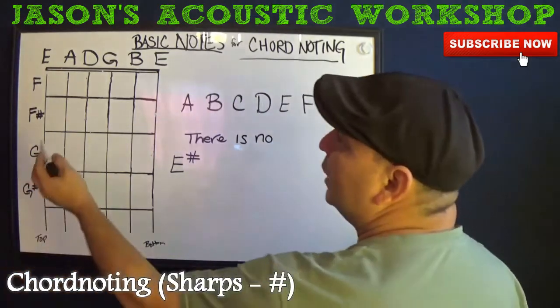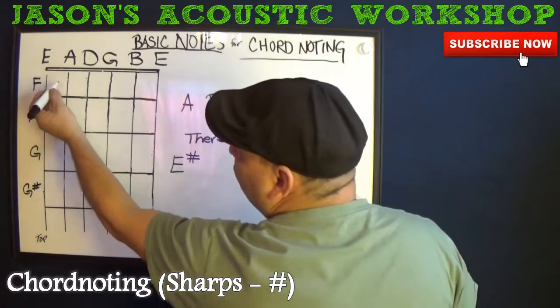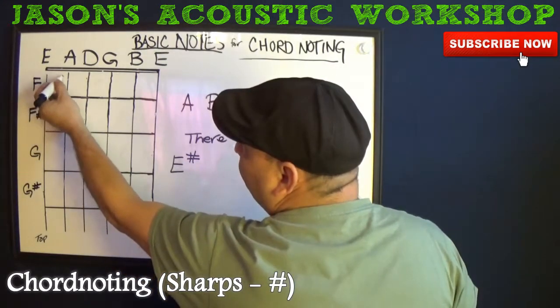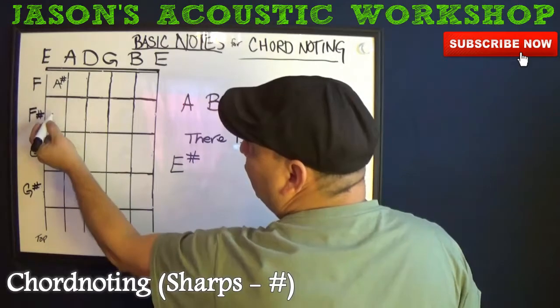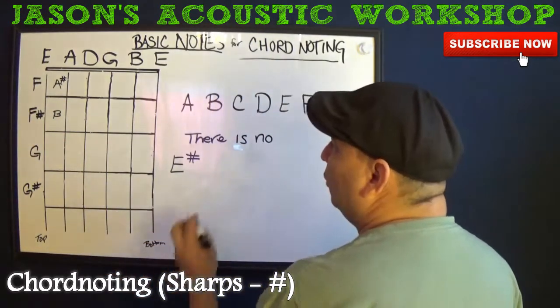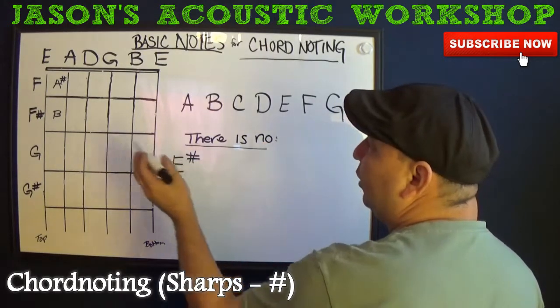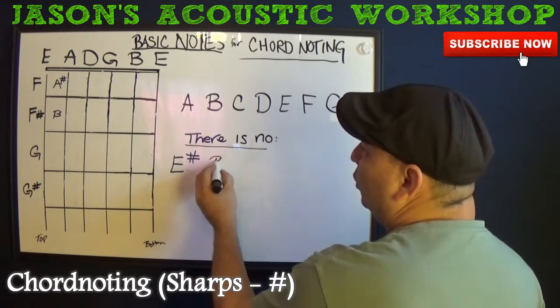Okay, next one, A. You're going to have A sharp. Then B. Now, on this list here, there is no B sharp.